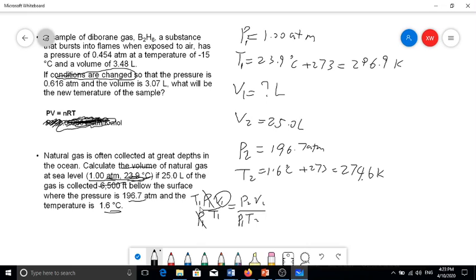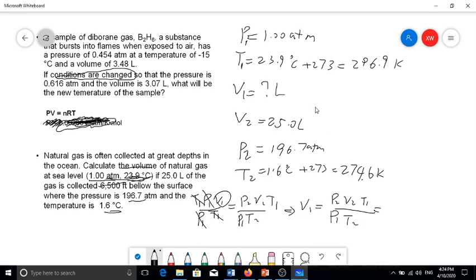T1, you multiply by T1, and on the other side you multiply by T1 as well. So let's rewrite this. V1 equals, with everything else canceled on this side and V1 isolated by itself, P2, V2, T1 on top, and P1, T2 at the bottom.